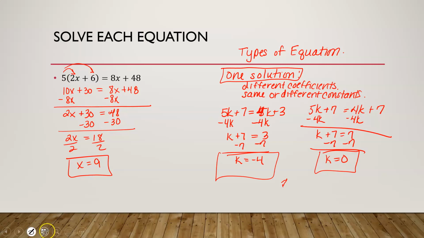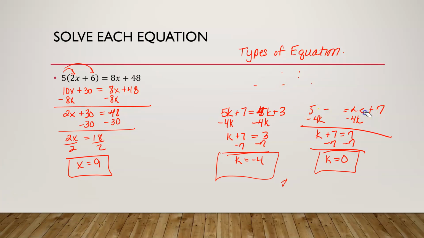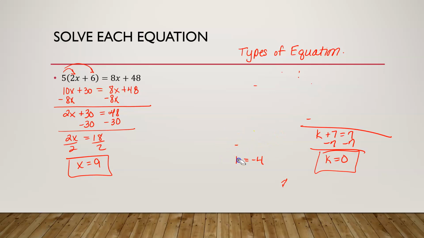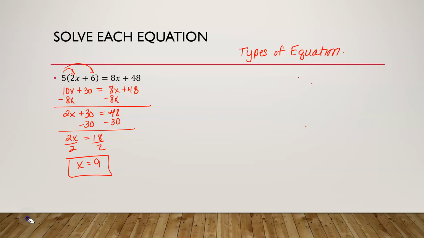Okay, so let's erase this and go to no solution. That means when your equation doesn't have a solution, that means that no matter what you plug in for x, you're not going to have equivalent equations. So it does happen that you have an equation that doesn't work.